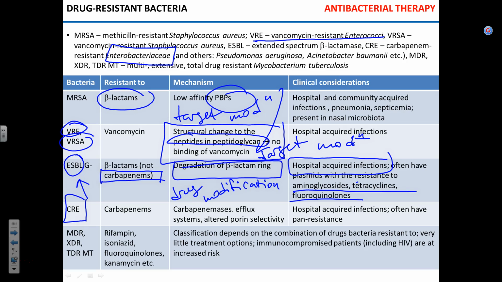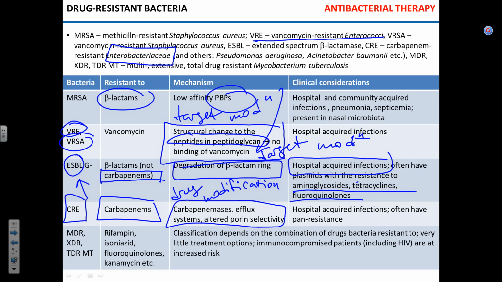Okay, a lot of it is Klebsiella. Okay, it is resistant to carbapenems, probably the most advanced beta-lactam antibiotic so far. Okay, it's something like 4th or 5th generation beta-lactam.